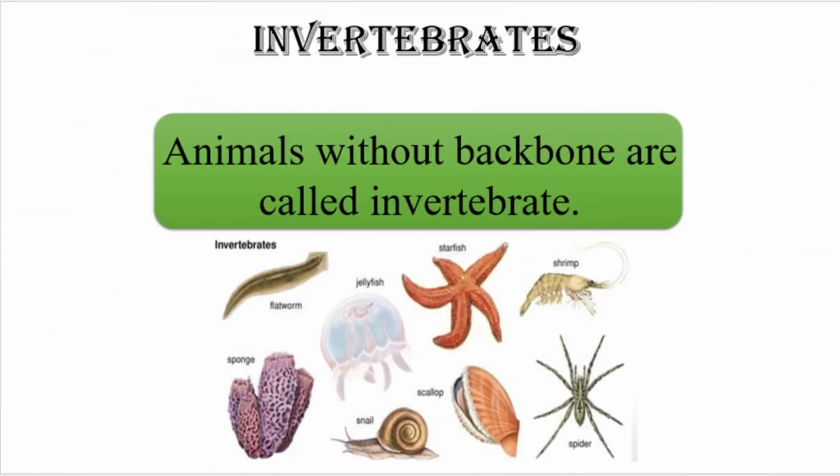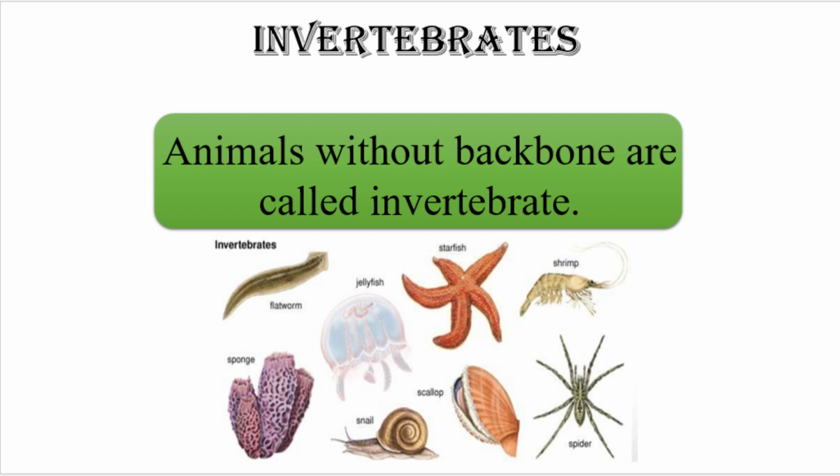Let's talk about invertebrates. Invertebrates are those animals that do not have backbone or a skeleton inside their bodies. It is the second big group of animals and it includes butterflies, woodlice, spiders, slugs, snails, and many others. Invertebrates do not have a skeleton to protect them.